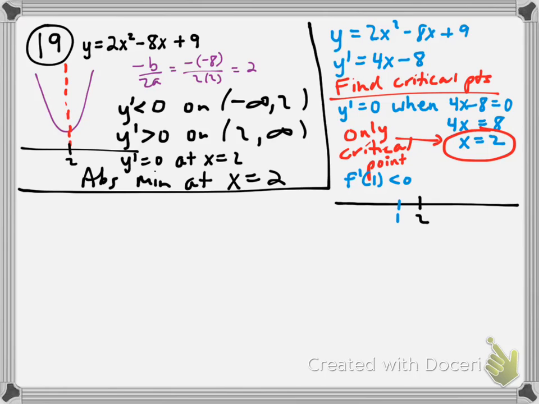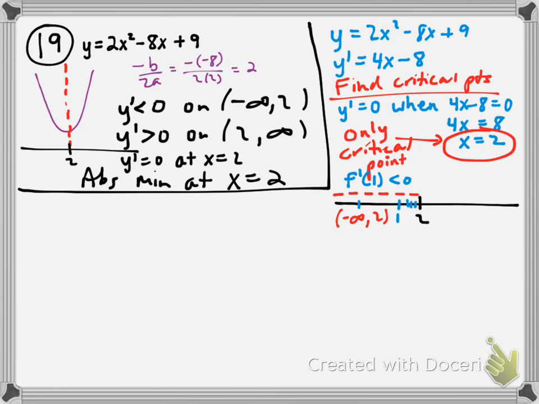So if f prime of 1 is negative, that means that f prime of 1.5 would be negative, 1.6, 1.8, 1.9. F prime of 0, f prime of any number less than 2 is going to be negative. And so because of that, I'm going to put these little minus signs here in this interval, indicating that f prime is always negative on the interval from negative infinity all the way to 2.